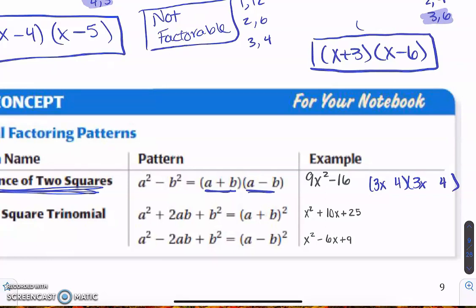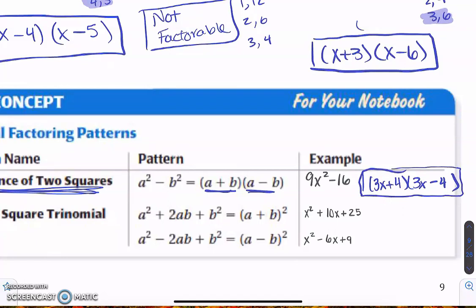But by doing one addition and one subtraction, they're going to cancel out the middle term. That's why there's no middle term like there is down here in this one. So 3x plus 4 times 3x minus 4. Again, we'll talk more about that tomorrow, but just good to have in the back of your head.